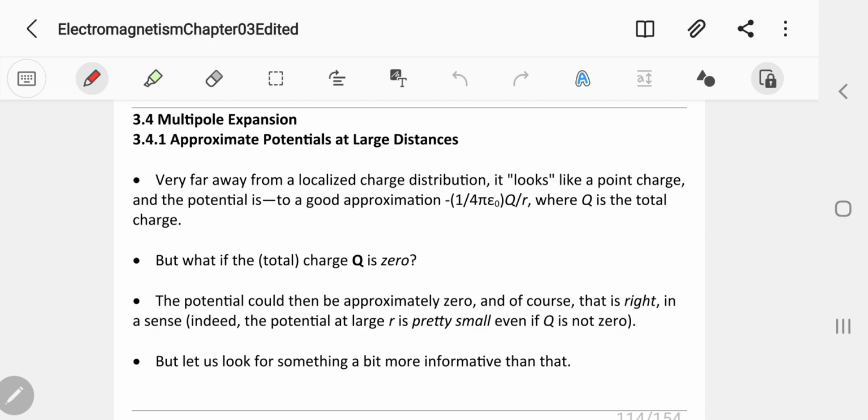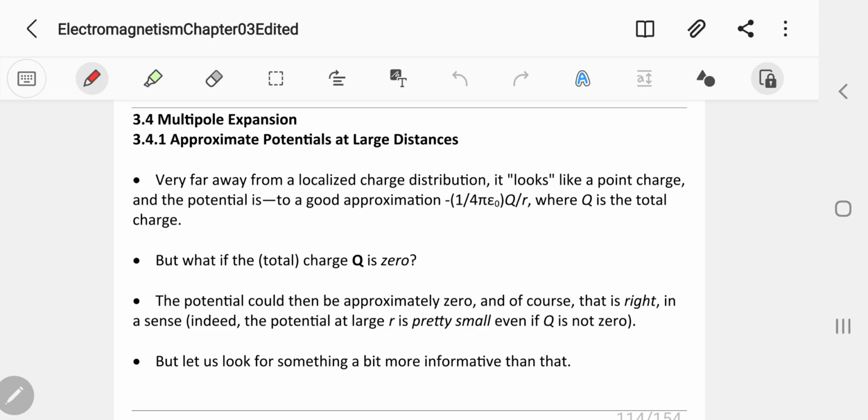And when you are far away, the distance between the charge and yourself would be very large, and so your potential or your electric field measured at that distance is very small.